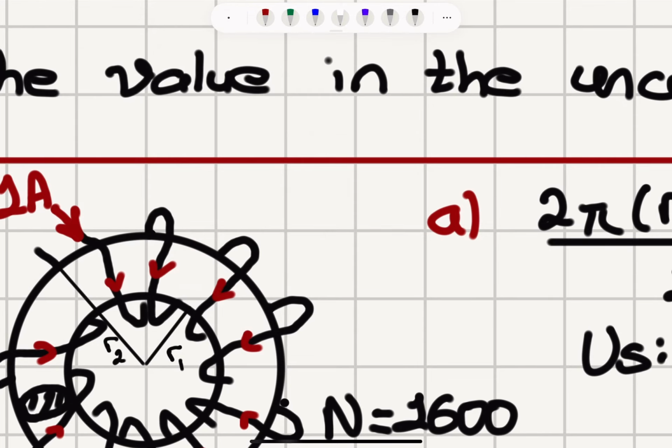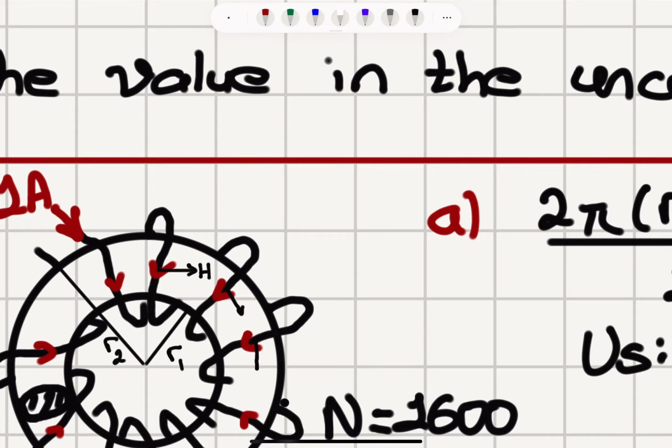Let's make this smaller. So we have the magnetic field H here. It's going to be perpendicular to the current in each winding. So this will be going in this circle like that.